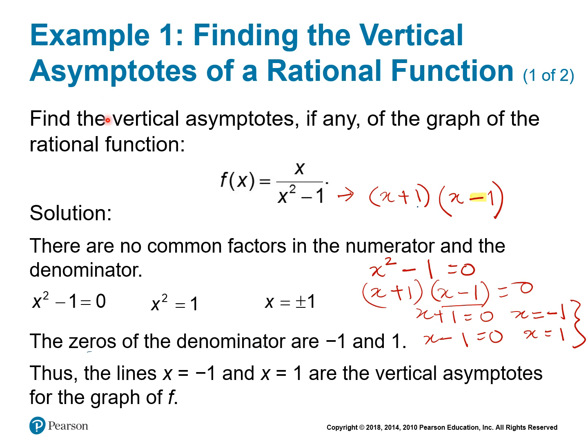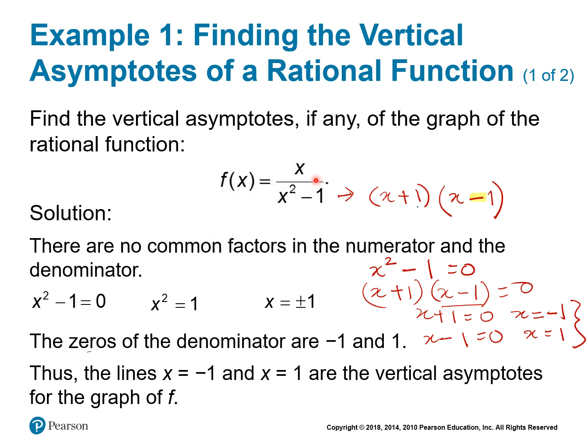Now keep in mind, when they say the zeros, it's not the zeros of the rational function. It's the zeros of just the denominator. So we just take the denominator and make it equal to 0 and solve for x. We are not finding the zeros of the entire function.